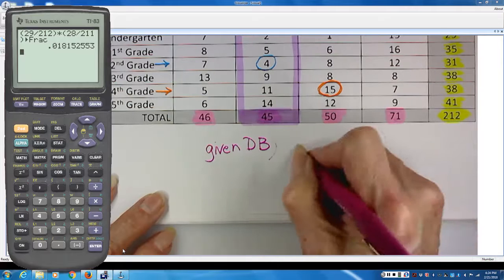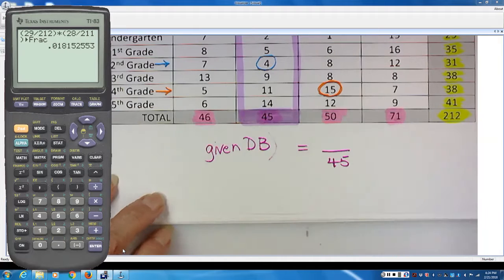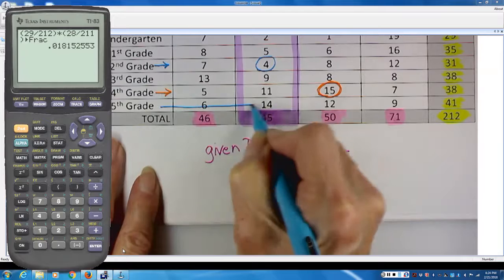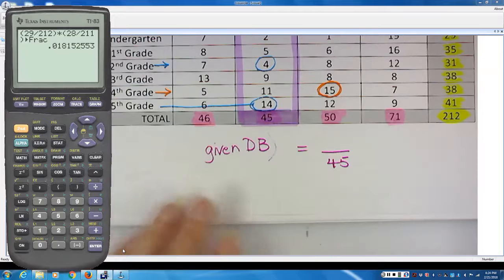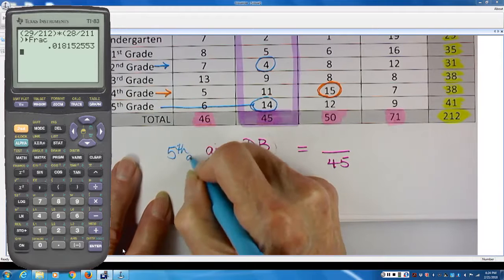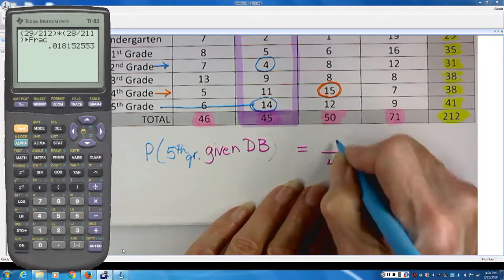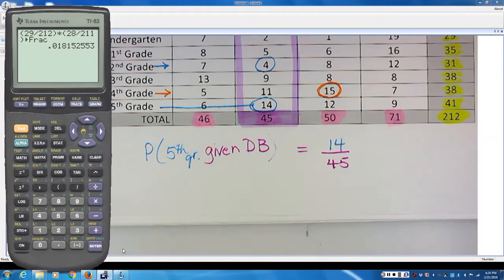Which means that when I do my probability, I'm only talking about those 45 kids, not all 212. And what was the probability they're in the 5th grade, did you say? Yeah. Okay, probability they're in the 5th grade would be these 14 kids right here. So 14 out of 45. Okay?